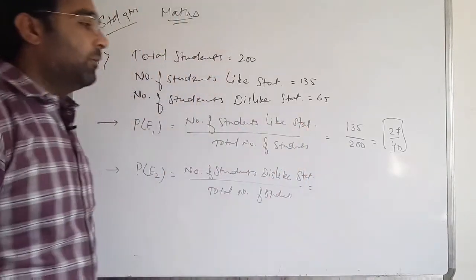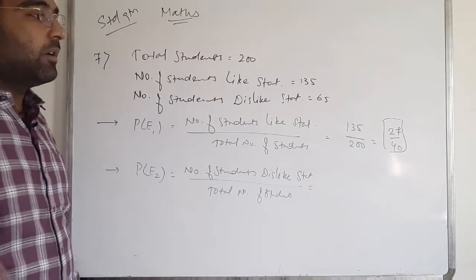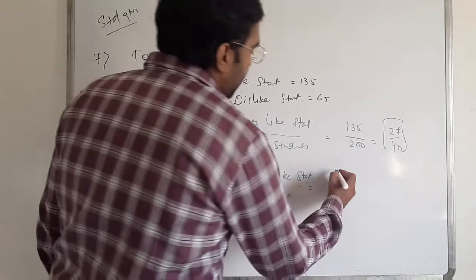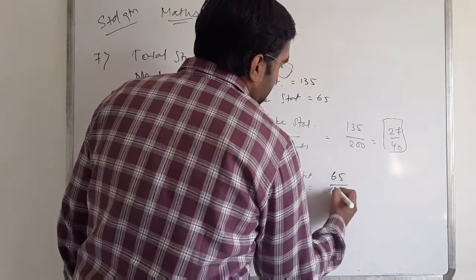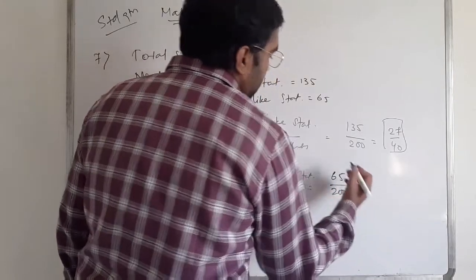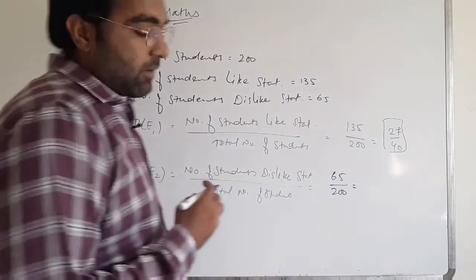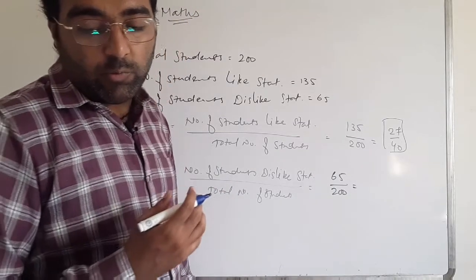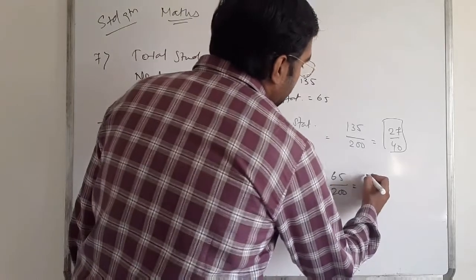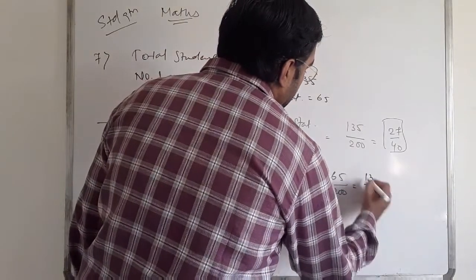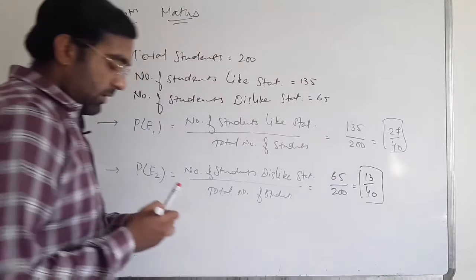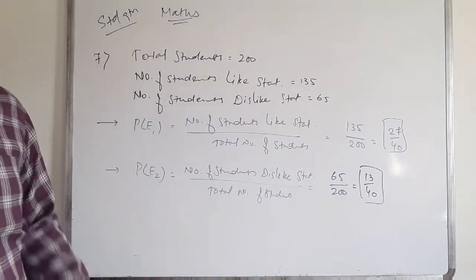Here it is 65 students divided by 200, so 65 by 200. After the cancellation, your answer will be 13/40. Okay, clear that? Note this down first.